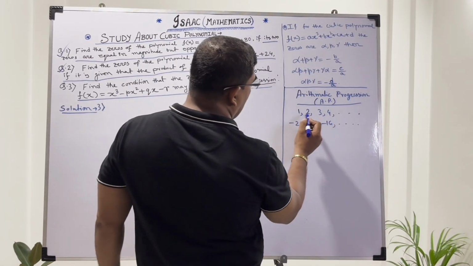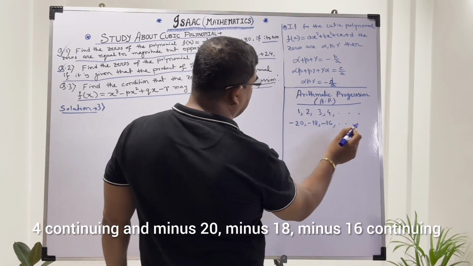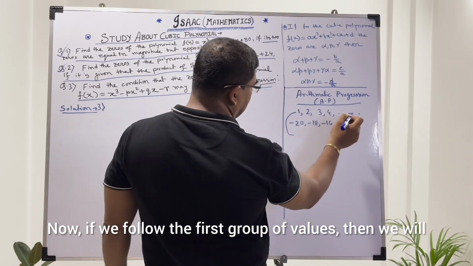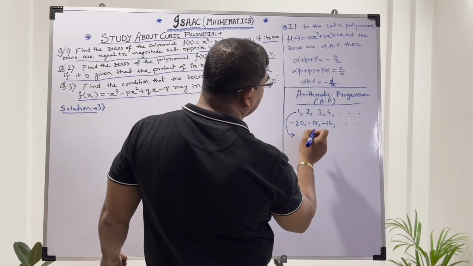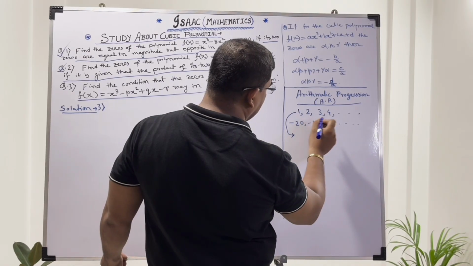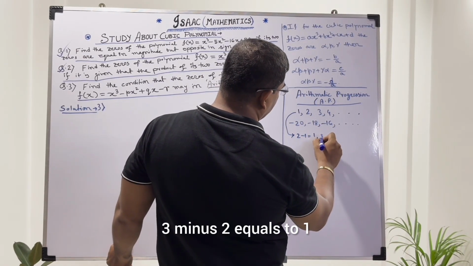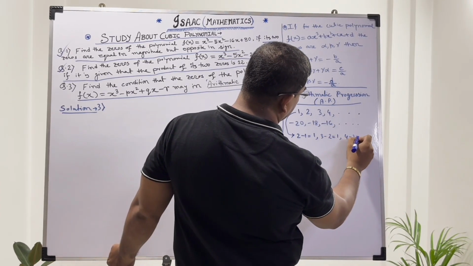If we follow the first group of values, then we get 2 minus 1 equals 1, 3 minus 2 equals 1, 4 minus 3 equals 1.